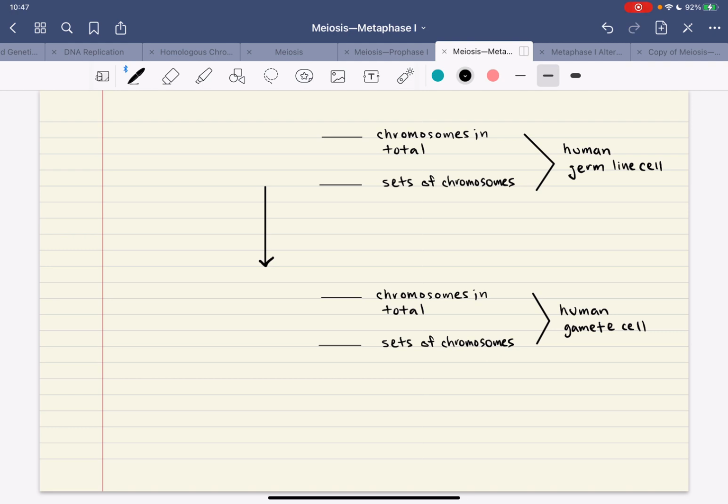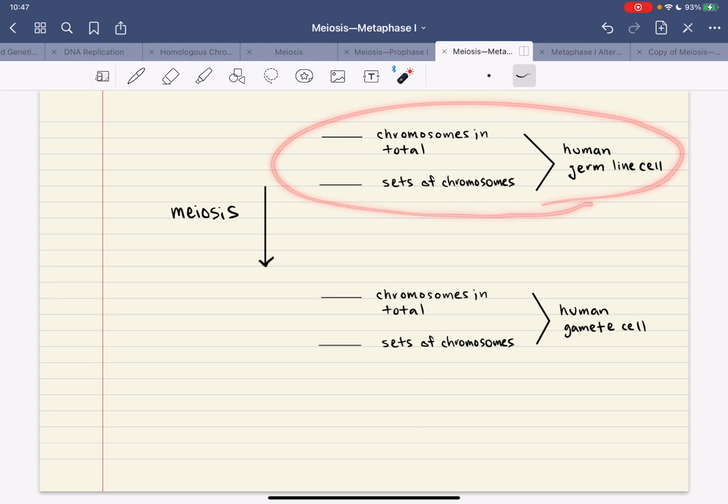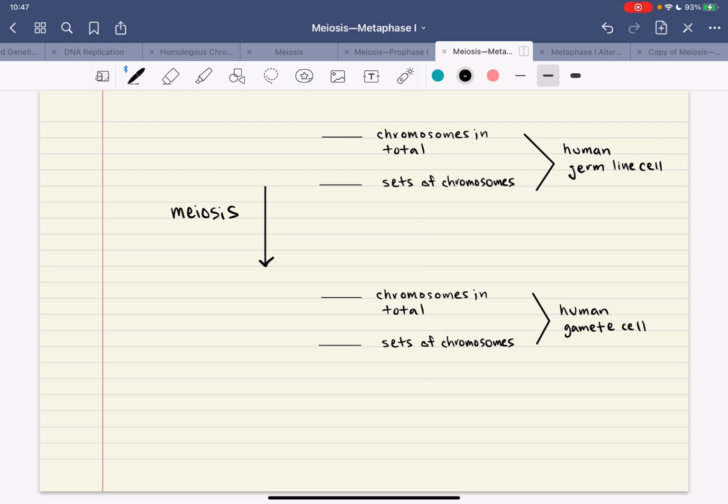Okay, so this arrow represents meiosis occurring. At the start, we have germline cells in the testes and the ovaries that are diploid, and they have 46 chromosomes. So these are the parent cells. We start with 46 chromosomes.